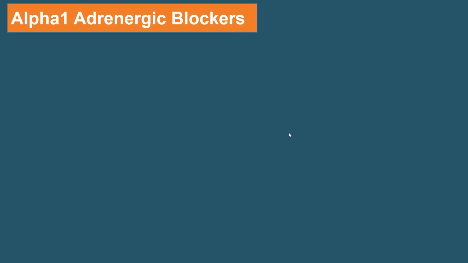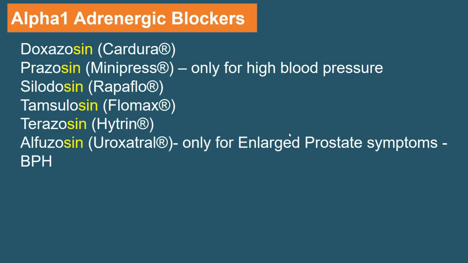Next come the alpha 1 adrenergic blockers, whose suffix is osin. However, not all of the osins, such as doxazosin, prazosin, silodosin, terazosin, and alfuzosin, are used for blood pressure. Only selected ones, such as prazosin and doxazosin, are widely used for treating high blood pressure.